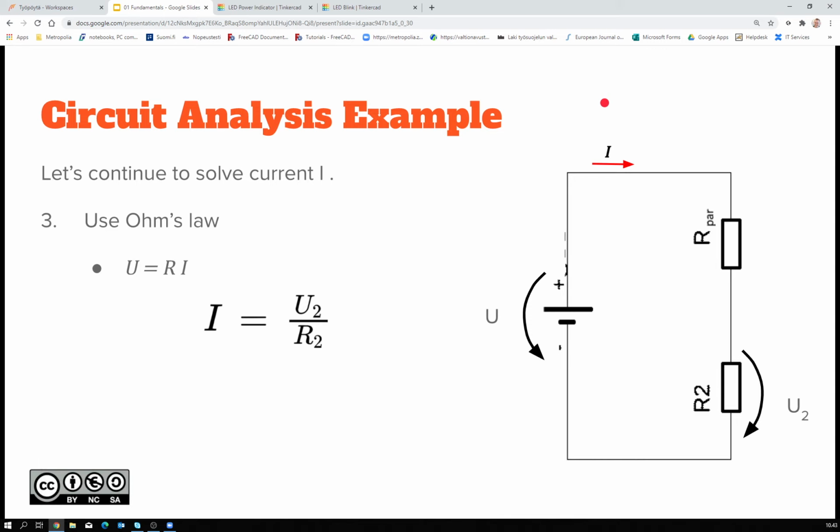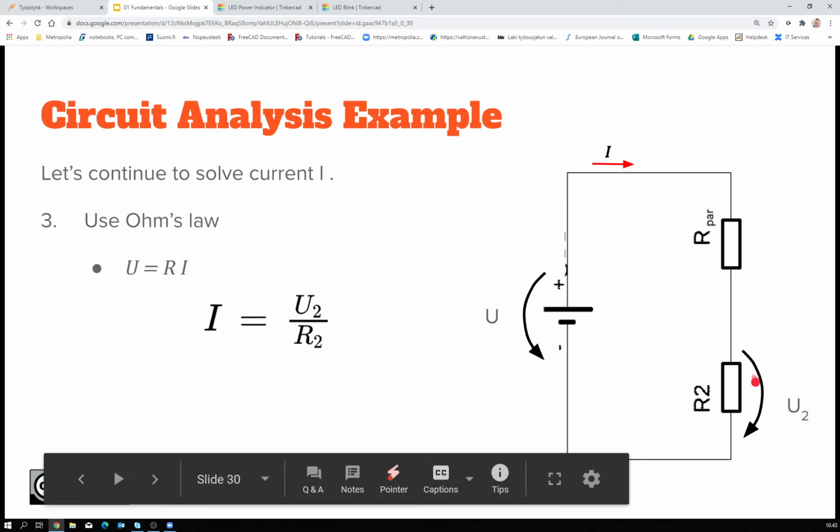Okay, then we can also continue from that one to solve the current I. What is the total current? We can use here Ohm's law, U equals R times I. And we have the same I actually flowing through that R par and R2. Now we know the U2.